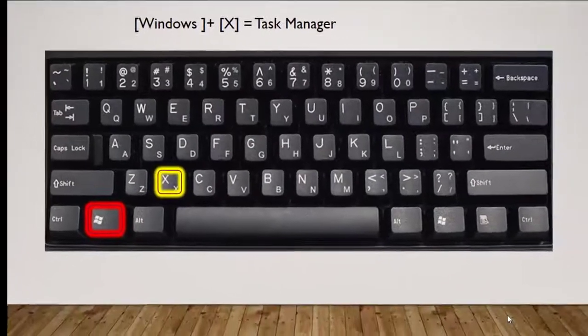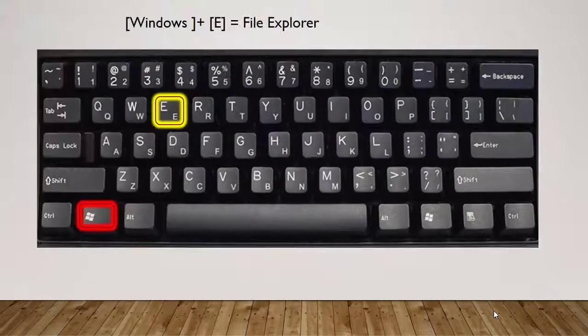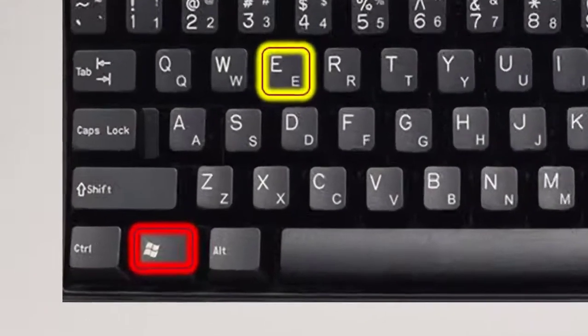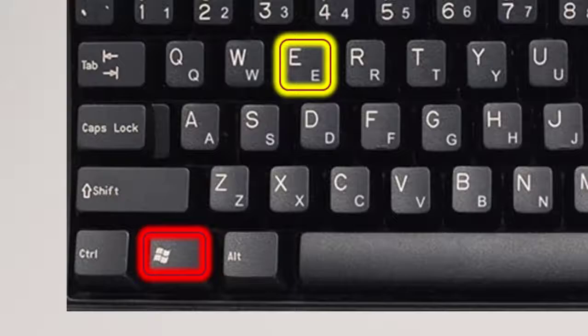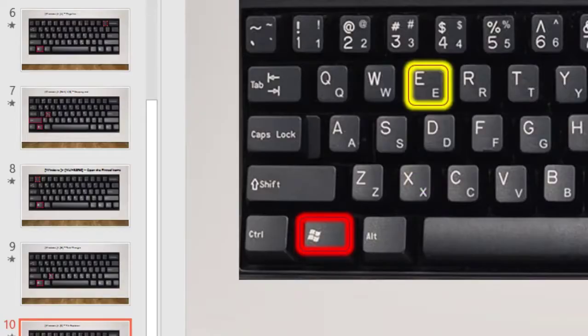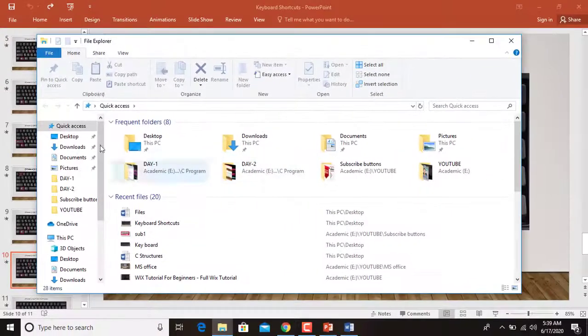The next shortcut key that we are going to discuss is Windows plus E. It is going to open the File Explorer. So what is the use of this Windows plus E? When you press Windows key together with E, it is going to open the File Explorer. This can help you to access your documents.